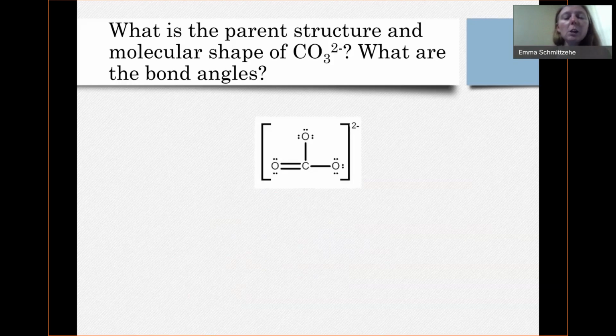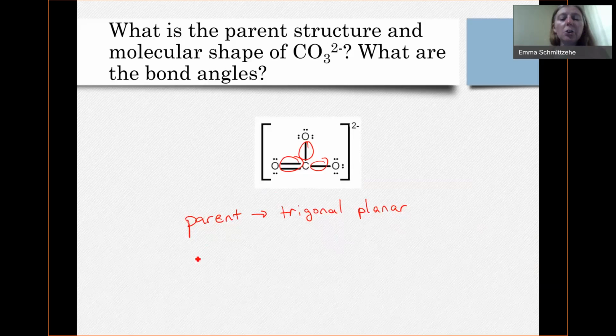Okay, so now we want the parent again to start. And so I have a double bond, a single bond, and another single bond. So there's 3 attachments. So that always is a trigonal planar parent structure. And then we want our shape, and the shape is going to be the same because all of those are attached to atoms.